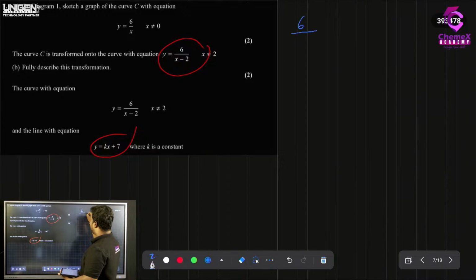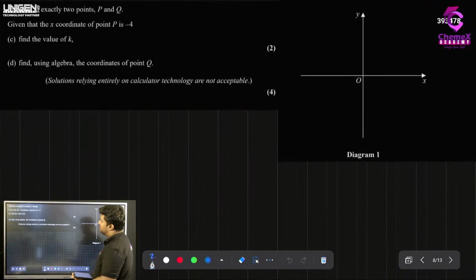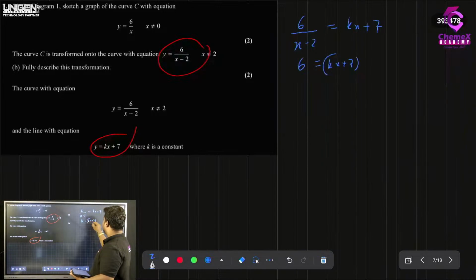So 6 over x minus 2 is equal to kx plus 7. They say it intersects at 2 points, so b squared minus 4ac is larger than 0. So 6 equals bracket kx plus 7 bracket times x minus 2.